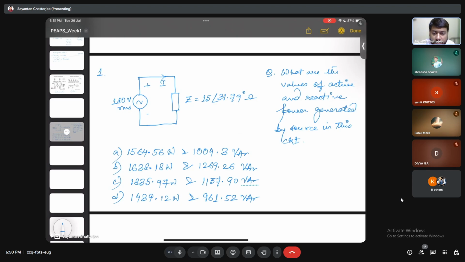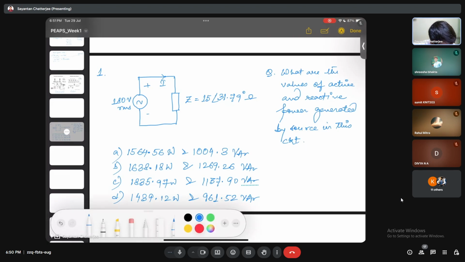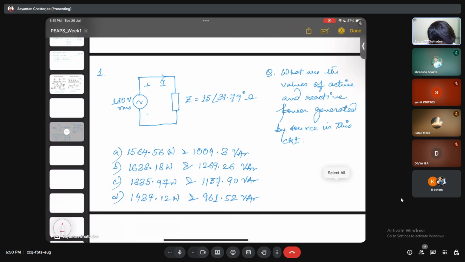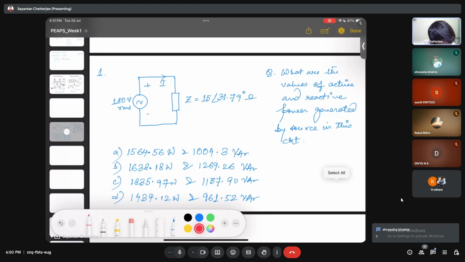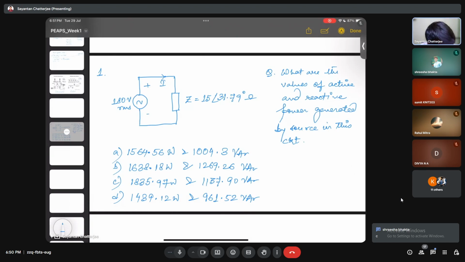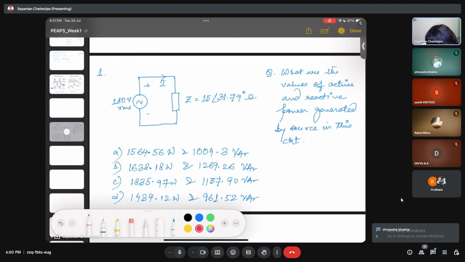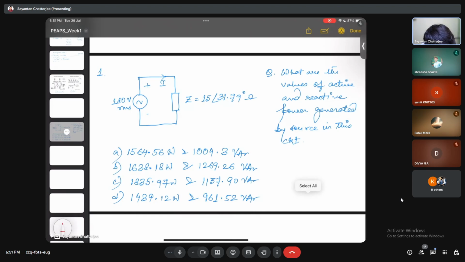So these are the options. I think it's clear. Yes, C is the right answer. C is the correct answer.